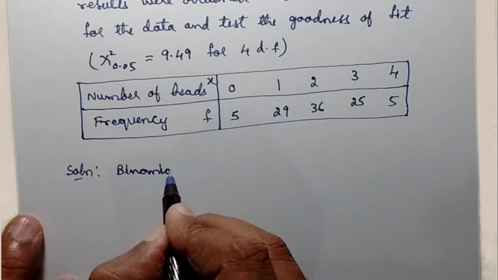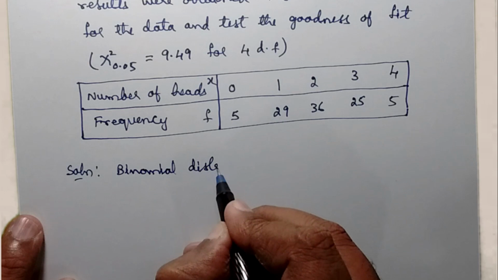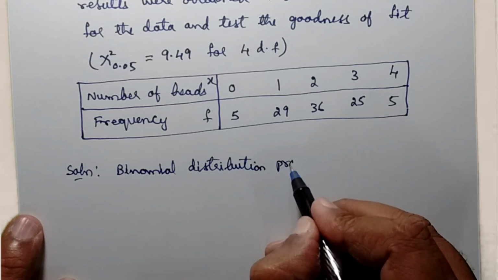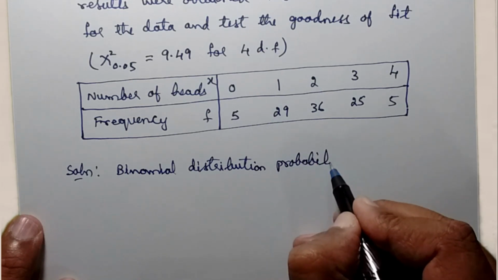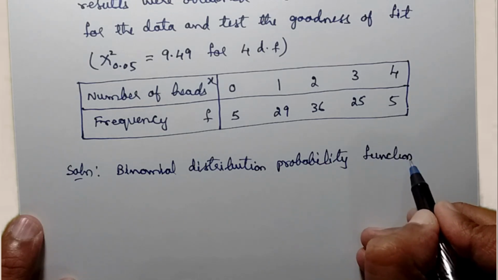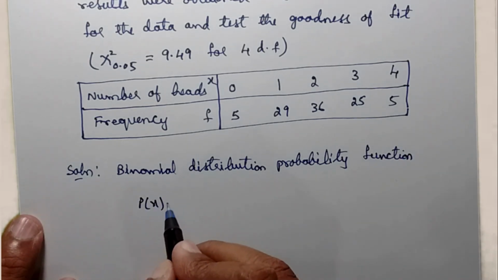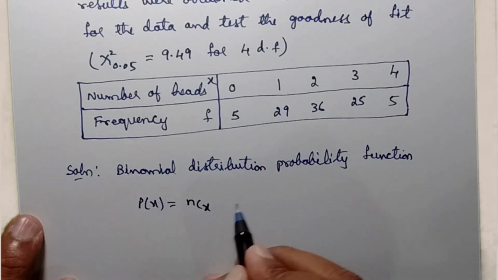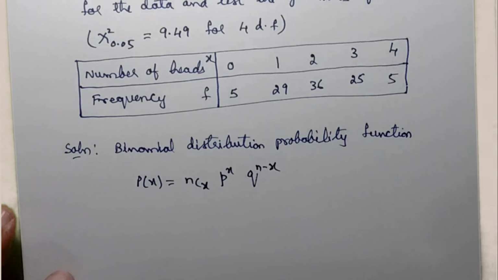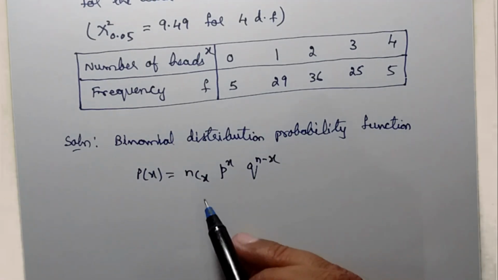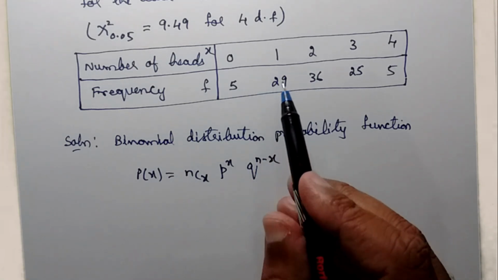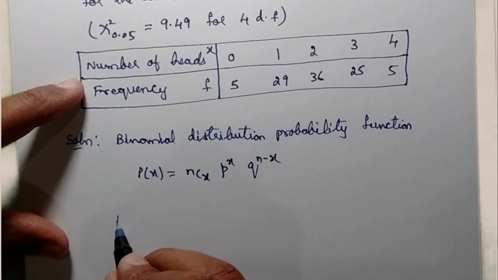We know the binomial distribution probability function is given as p of x equals nCx p to the power x q to the power n minus x. So we need to find the values of p and q. For that we'll find the mean.